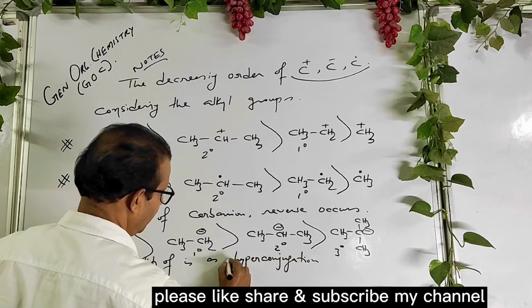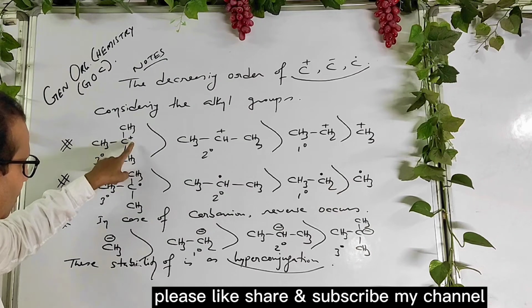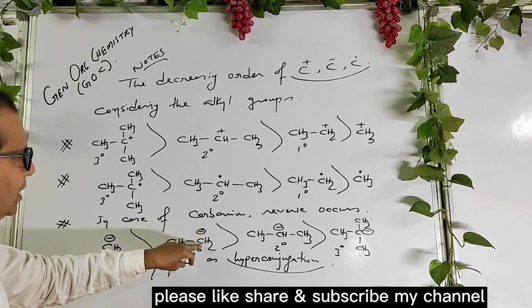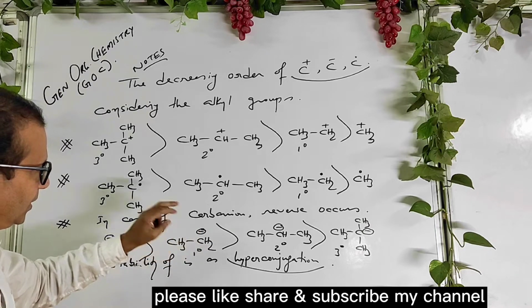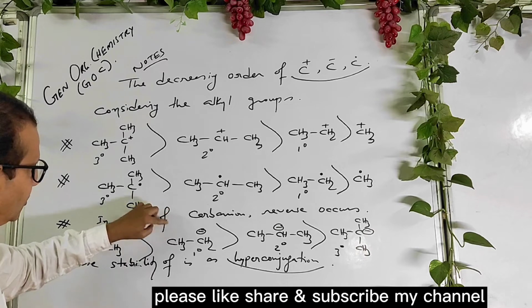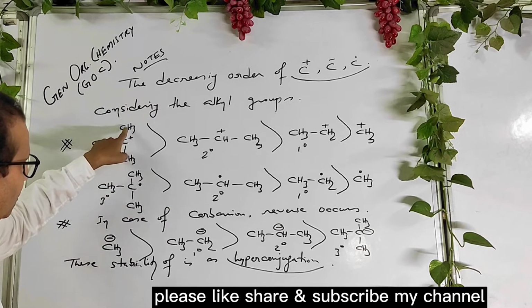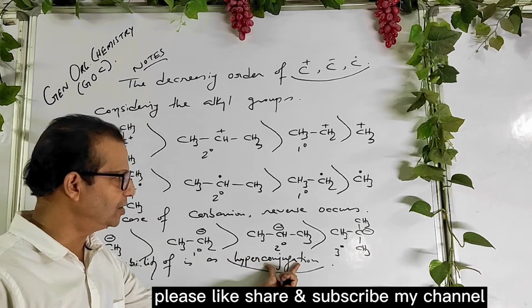Okay, hyperconjugation. If any carbocation or free radical is attached to a sigma bond, that is, the adjacent carbon contains only sigma bonds including hydrogen atoms, then it is stabilized by hyperconjugation.